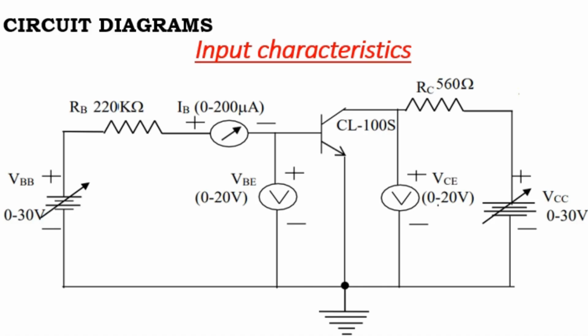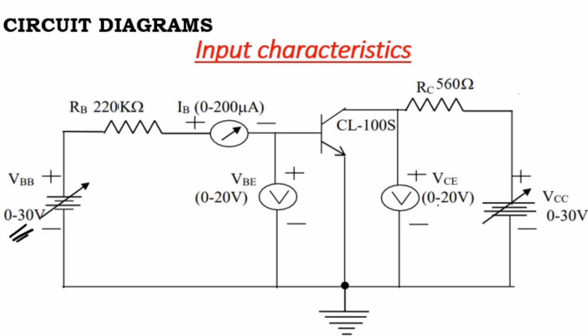Here is the circuit diagram for input characteristics of the common emitter configuration. Here you can observe the DC supply of 0 to 30 volts.